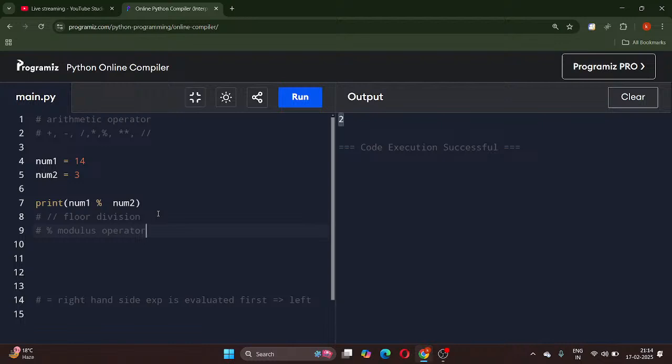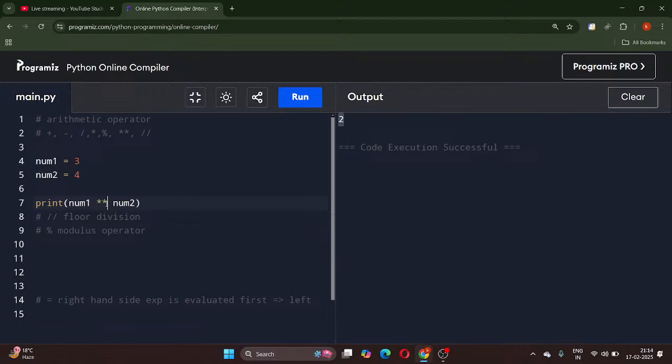Afterwards, after the modulus operator, the next operator that comes into picture is your exponentiation operator. Suppose num1 contains 3 and num2 contains 4, and we are writing num1 exponentiation num2.